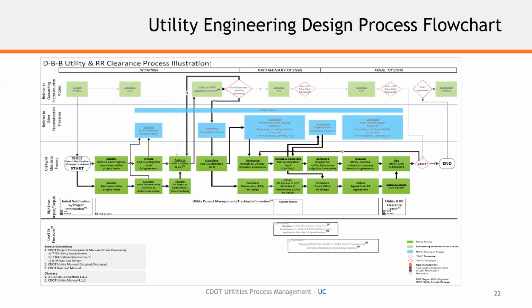And so this is just, again, to emphasize how the two work and how we get from start to clearance through scoping, preliminary design, and final design up at the top. It's how they have it broken out. But again, part of the process and how we're tracking at this stage and getting started and moving forward from here.